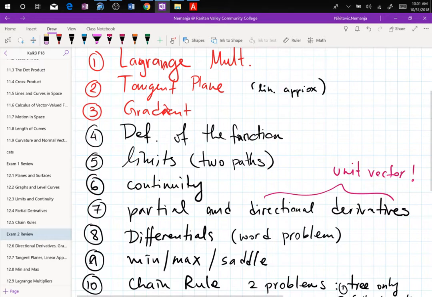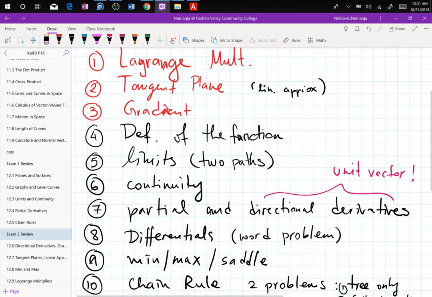Lagrange multipliers. We know Lagrange multipliers have some of the geometry attached. So please make sure you review the volume formulas and surface area formulas.